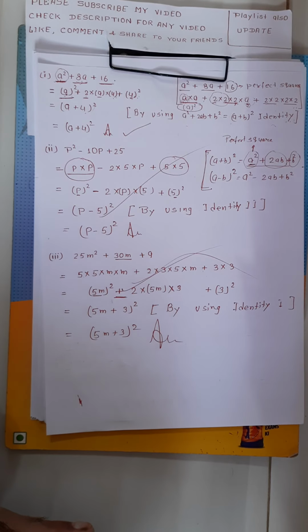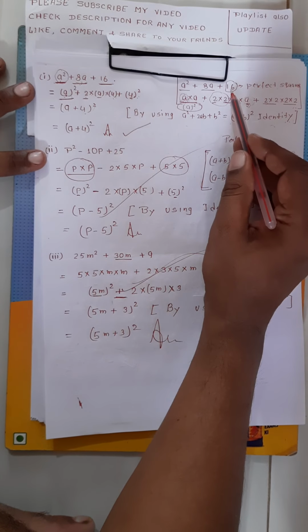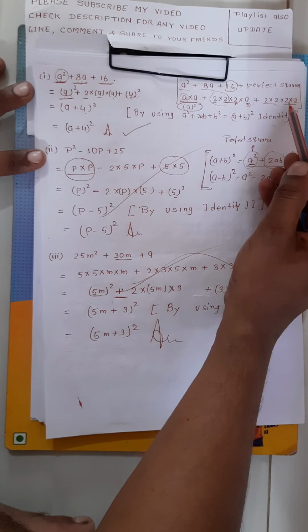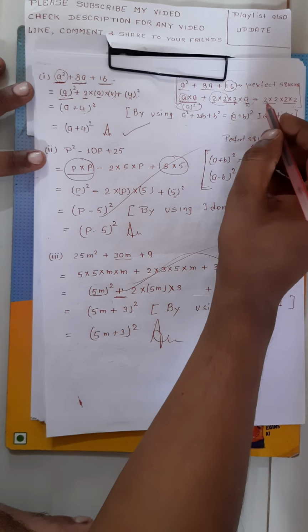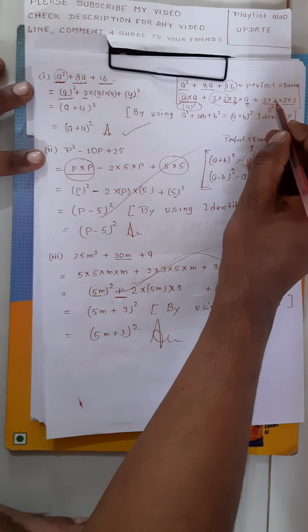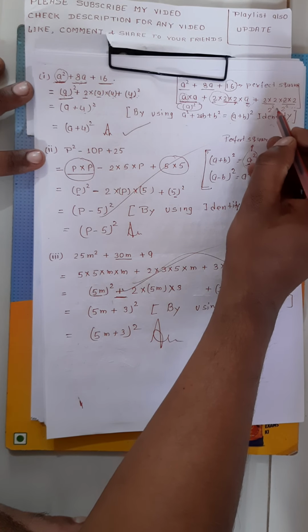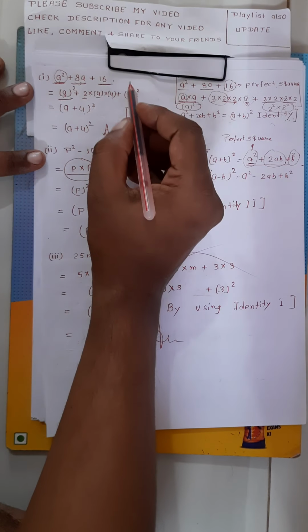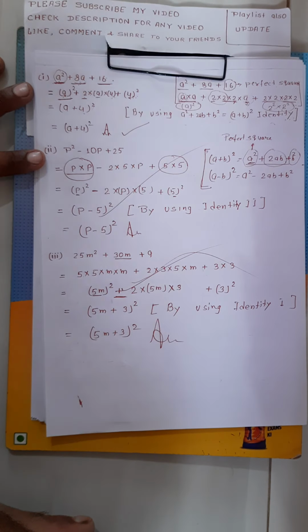Now we will think about 16. The factorization of 16 will be 2 into 2 into 2 into 2. So we can write it as 4 square, because 4 into 4 means 16.